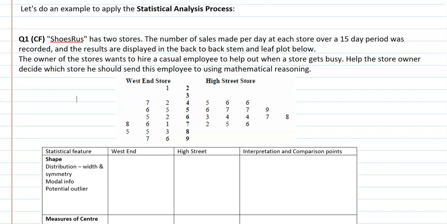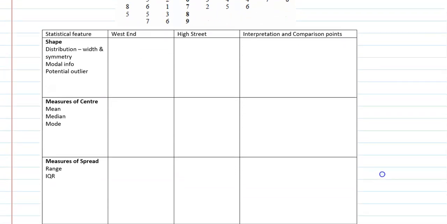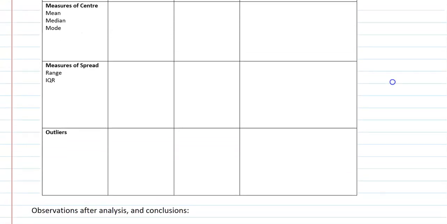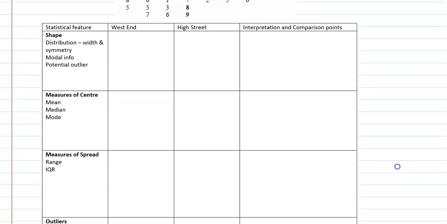So we've got our stem and leaf plot to analyse, and if you scroll down, you should be able to see that I've tried to demonstrate how you would summarise all of those components that you're going to be analysing, including your calculations.